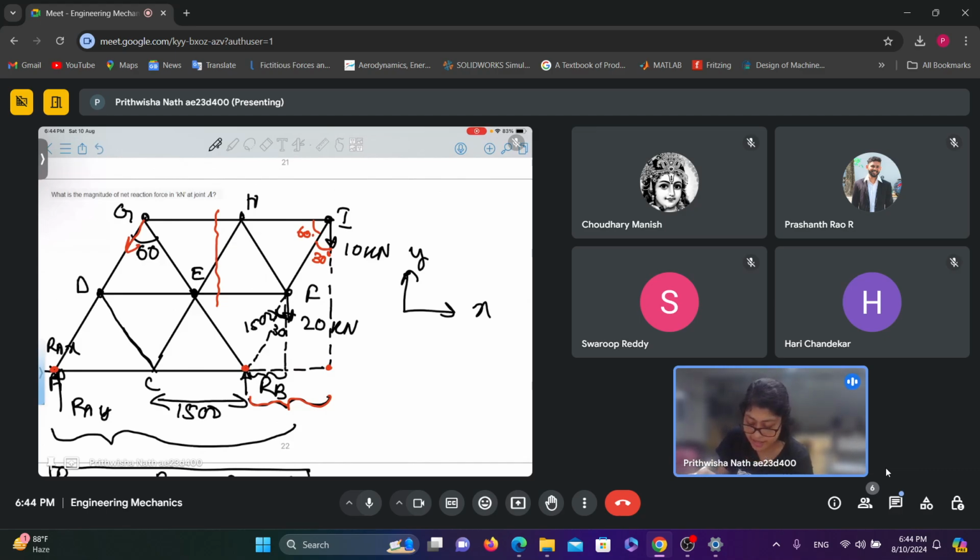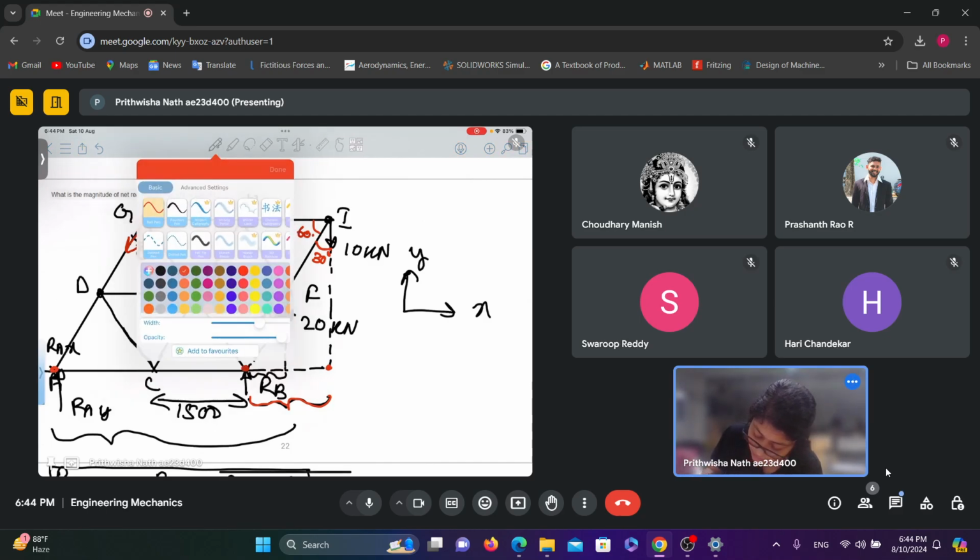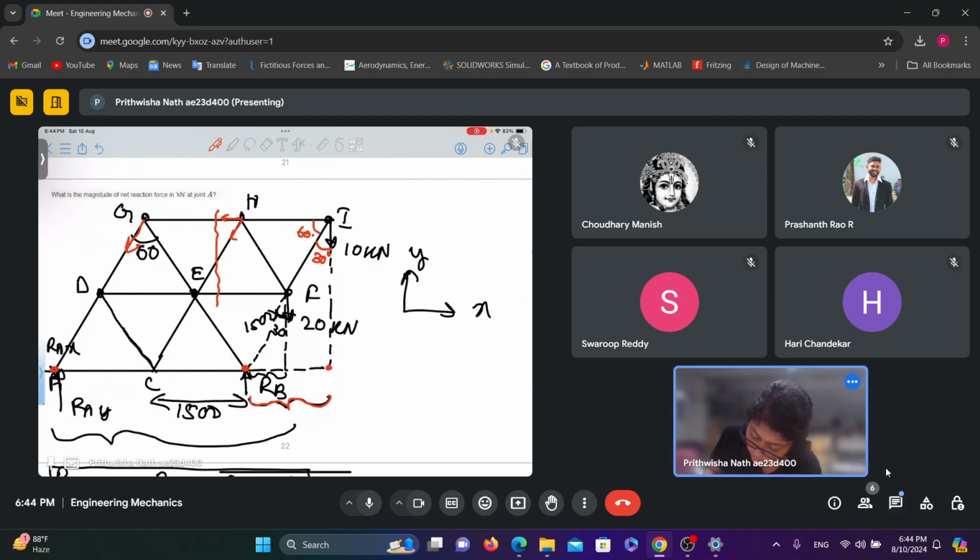I am considering the section at right of this cut. So I am left with these members. Is it clear?